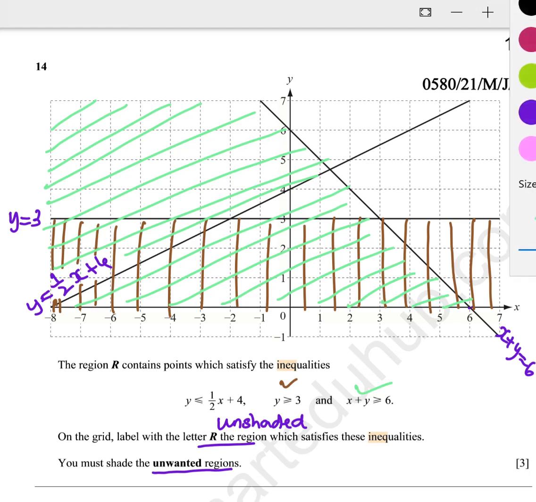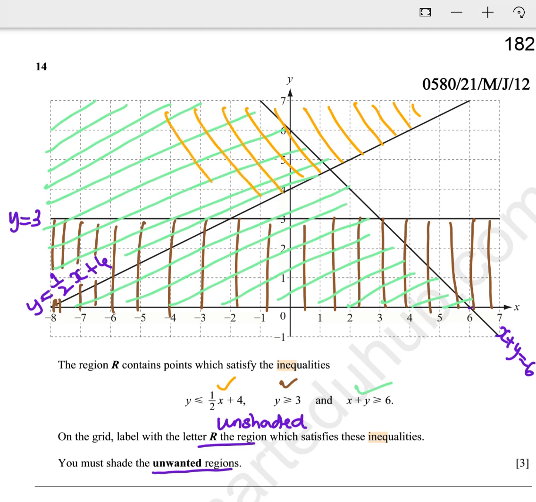So now let me identify the region. So I shade everything above y equals half x plus 4. So this is the unwanted region. That's what they have said. Shade the unwanted region.